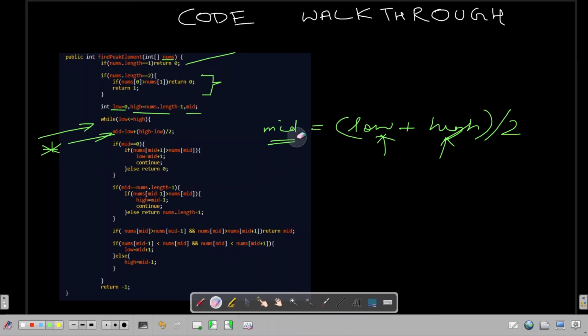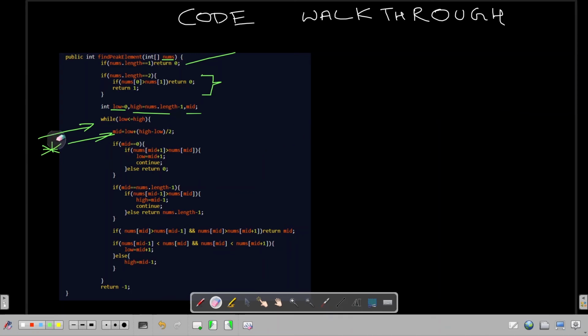Let's move forward now. So once you calculate the mid, these two conditions you can leave for now. I'll come back to them later. You can focus on these if parts. Okay, if nums of mid is greater than nums of mid minus 1 and nums of mid is greater than nums of mid plus 1. Correct.